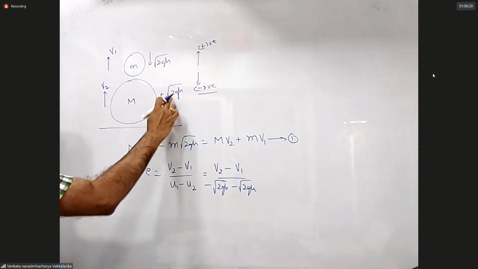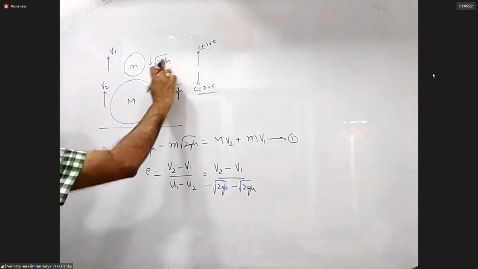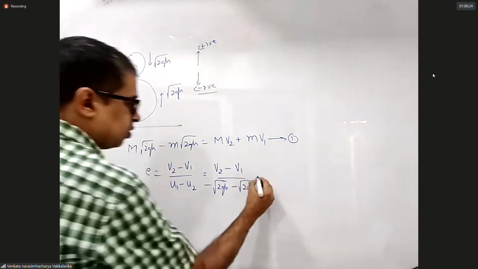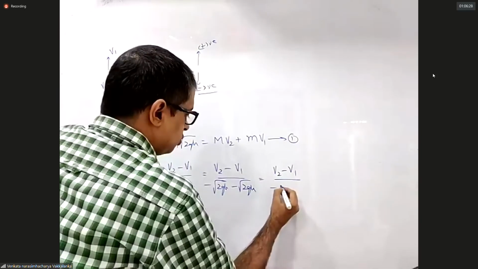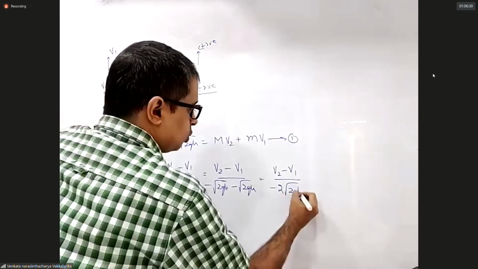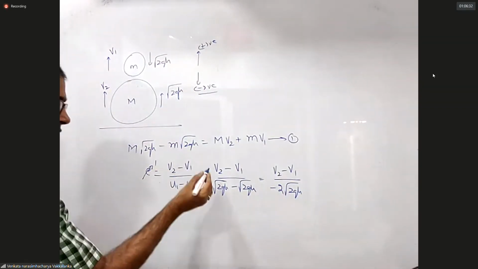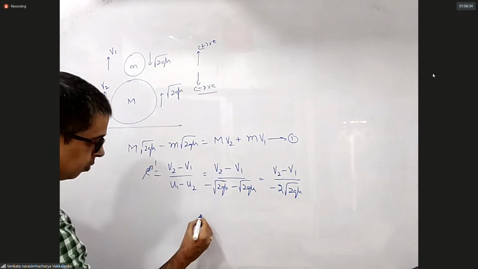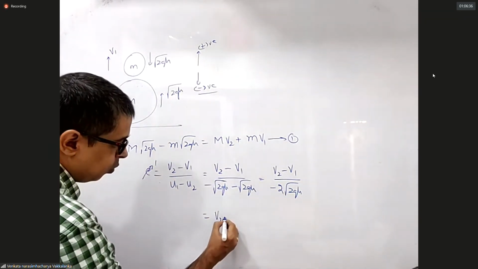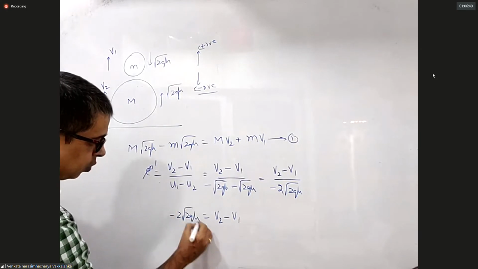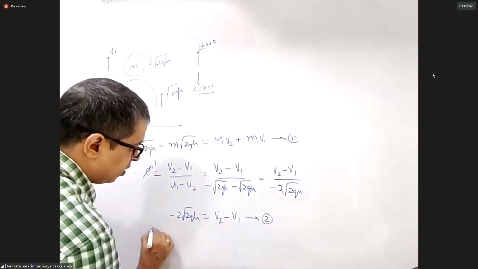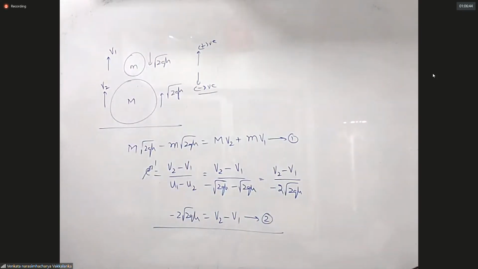U2 is in the upward direction, so I keep it as positive. This is V2 minus V1 over minus of 2 times under root 2gh. e is equal to 1. So your equation will be V2 minus V1 is minus of 2 times under root 2gh. This is my second equation. This is my first equation.